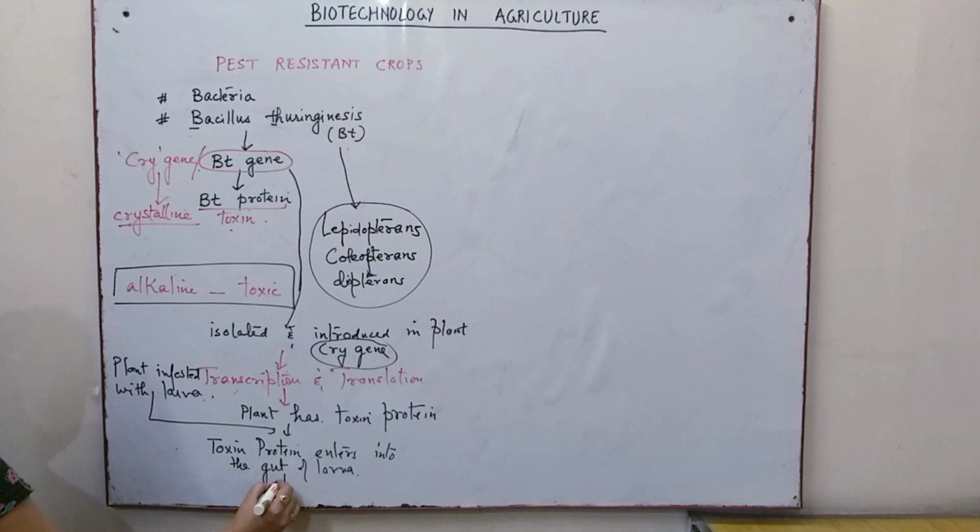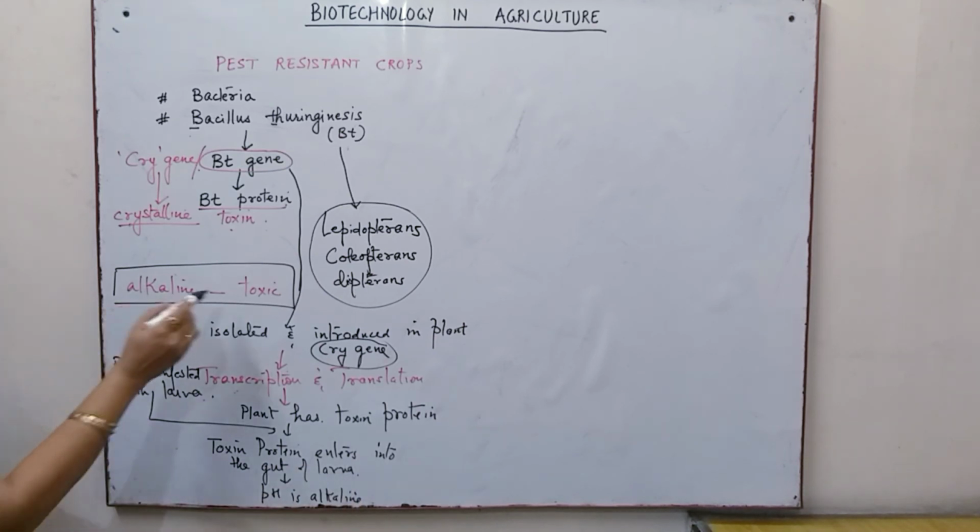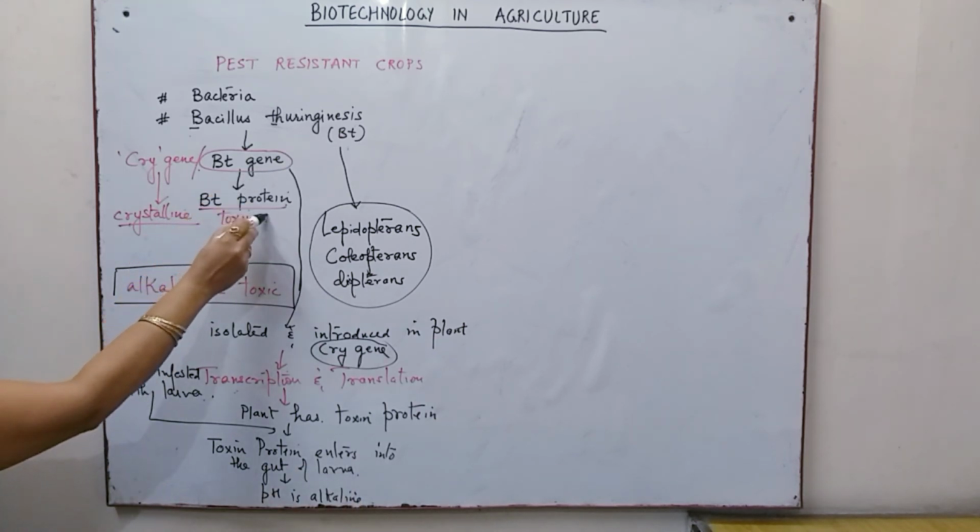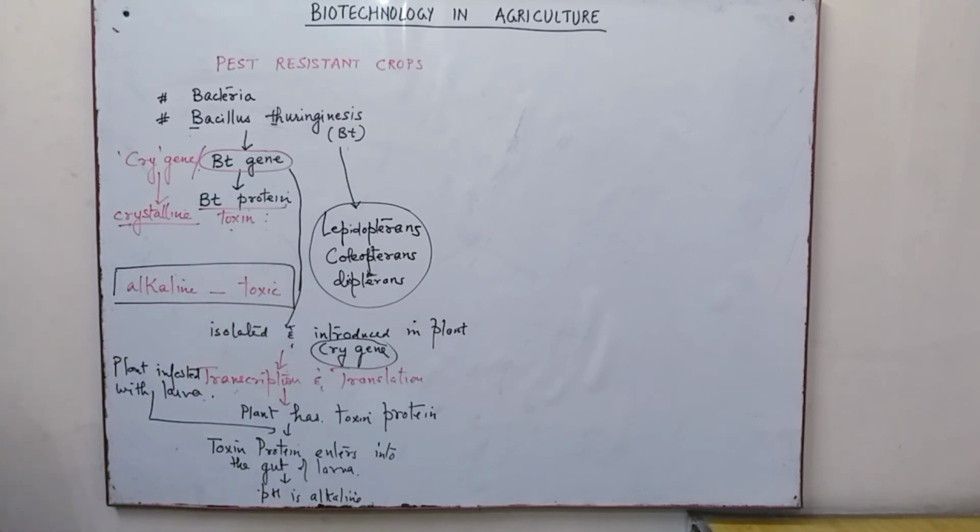So here the pH is alkaline. As a result, this protein turns toxic and kills the insect because it causes perforations in the epithelial cells of the insect's gut.